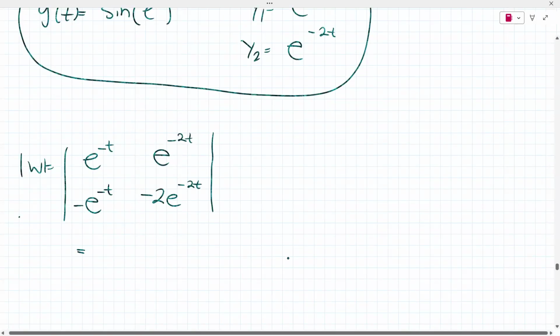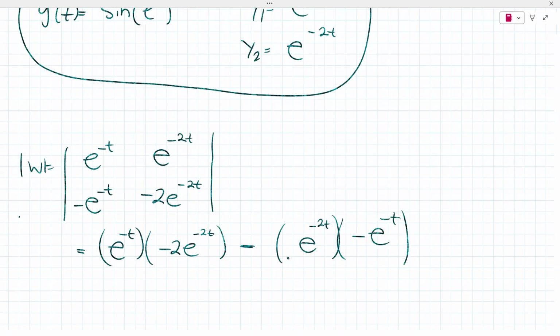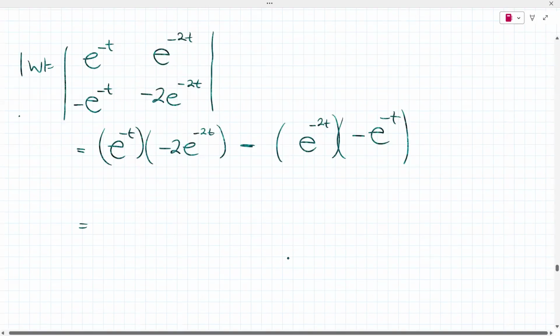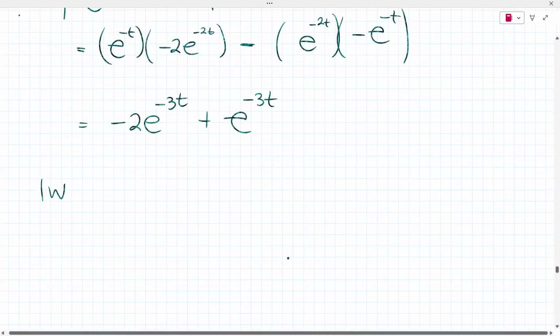So this is going to be e^(-t) times negative 2e^(-2t) minus e^(-2t) times negative e^(-t). And when you put it all together, you get negative 2e^(-3t) plus e^(-3t). So my Wronskian determinant is negative e^(-3t).